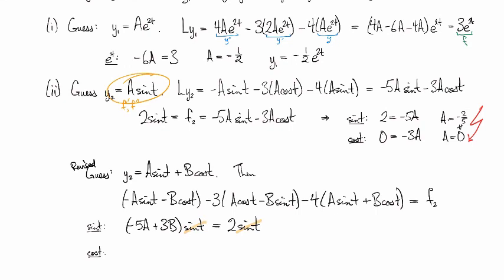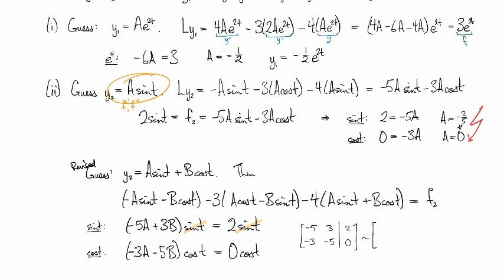So for the cosines we have minus 3A cosines, and how many B cosines do we have? We have minus 5. Yes. And there's 0 on the right hand side. Okay, so then that gives us a linear system: minus 5, 3, 2, minus 3, minus 5, 0.